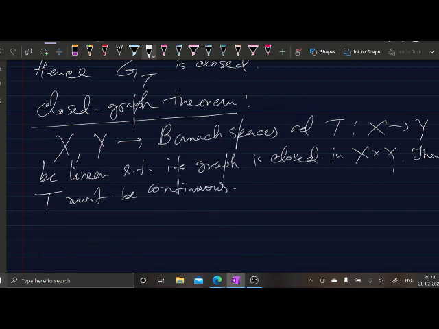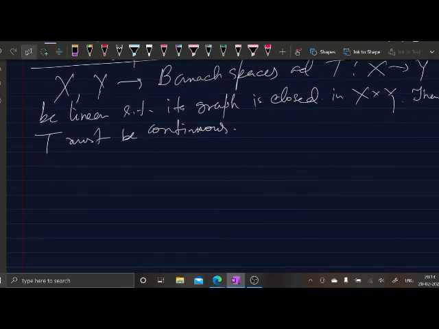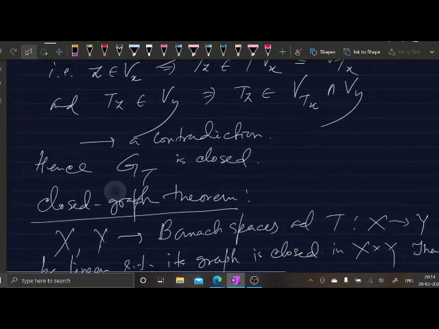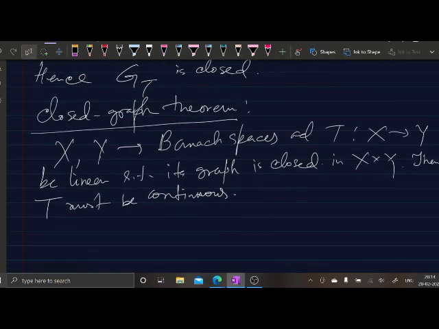Okay, so I have already illustrated an example where you have shown that the converse of the observation that suppose you take two normed linear spaces and T is a continuous map, then the graph is closed, is not necessarily true in general.